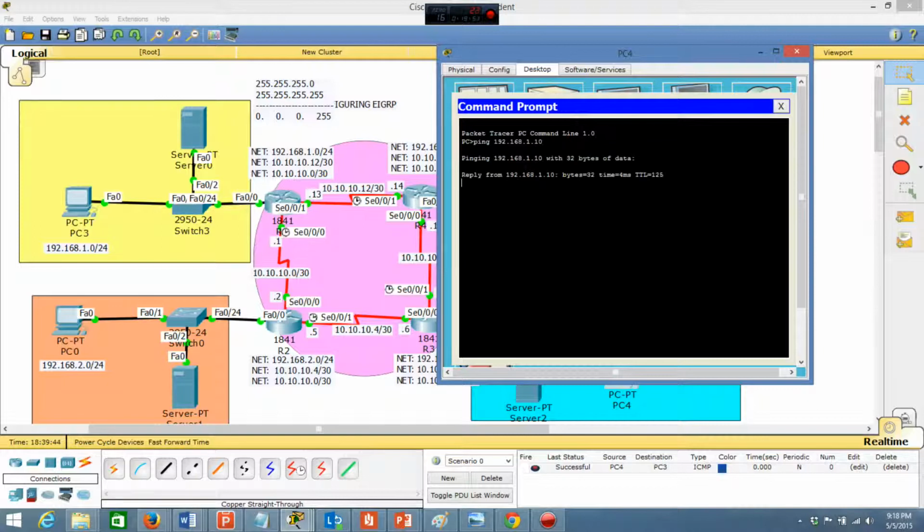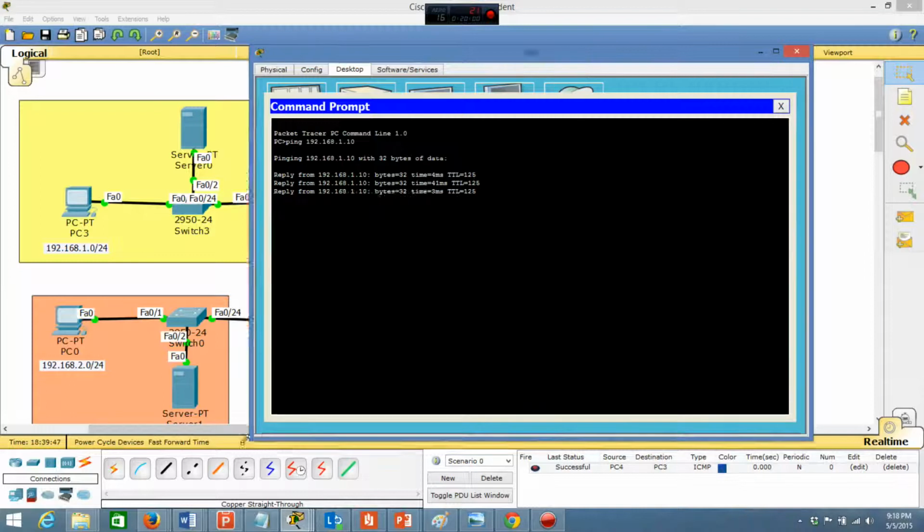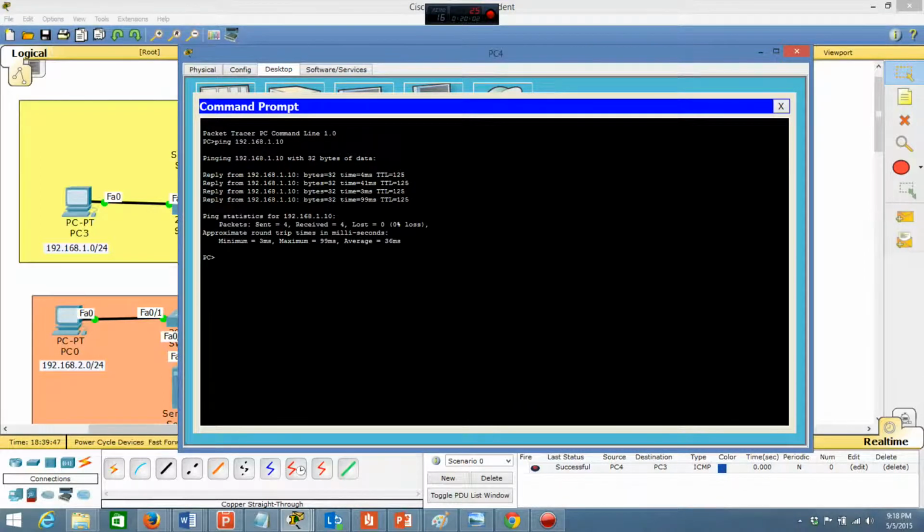So as you can see, we are getting replies. So this is great. All right, let me stretch this out for you. So our round trips: packets sent 4, received 4, loss 0, 0% loss. So this is to tell you that we are reaching our intended target.